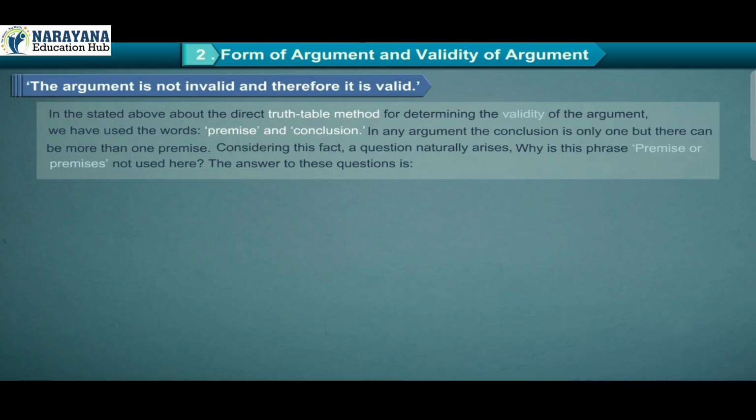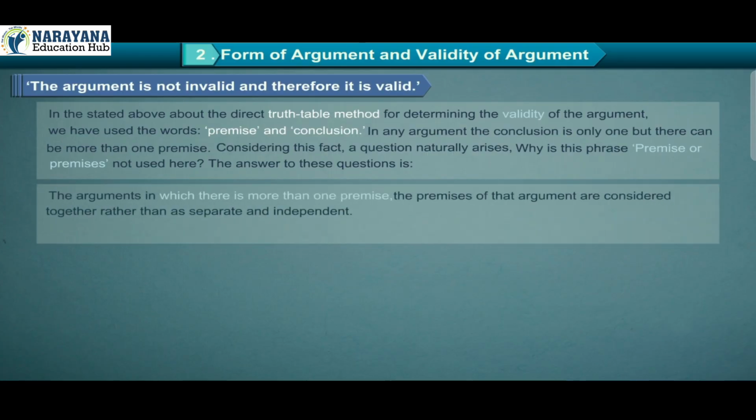The answer to this question is that in arguments in which there is more than one premise, the premises of that argument are considered together rather than as separate and independent. That is, in such an argument, it is only said that from the conjunction of premises, the conclusion is derived.